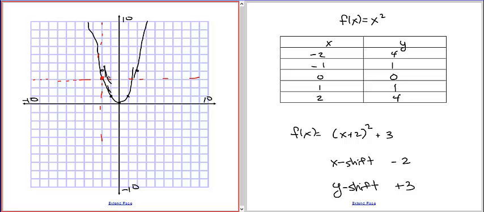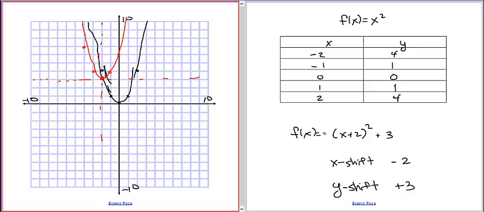So at this point, you go over 1, up 1, over 2, up 4, 1, 2, 3, 4. So these are all relative to this new anchor point, we called it. The one here, -1, +1, -2, +4, 1, 2, 3, 4. So you just have to do counting. And then you got those 5 points, the new vertex, and the 4 additional points.